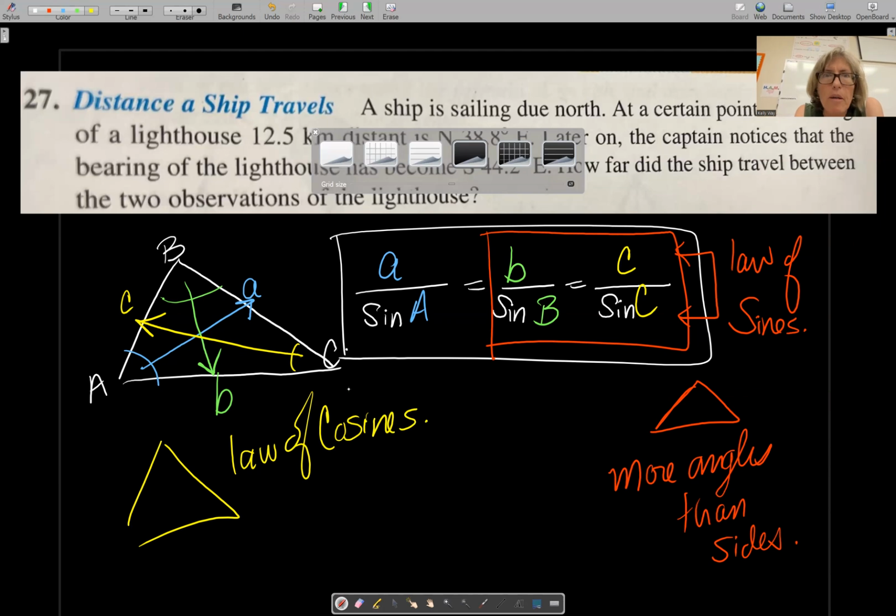Most likely you're going to see that pretty soon. Again, this is a generality, and I'm not going to deal with the exceptions right now. You use the law of cosines when you have more sides than angles. So just keep in mind: law of sines, more angles than sides. Law of cosines, more sides than angles.